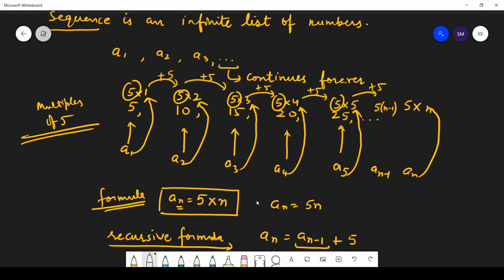So this was my formula: an equals 5n. We can write any term. And this is my recursive formula. So how can I find the next term with the help of the previous term? What are the values of n here? n equals 1, 2, 3 and so on.